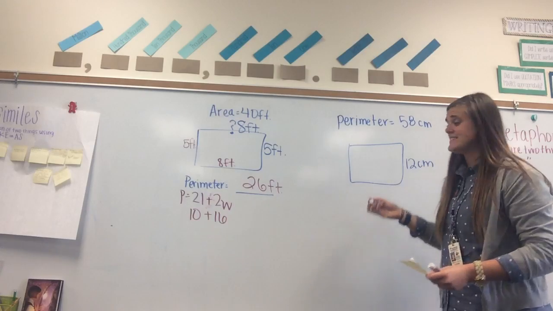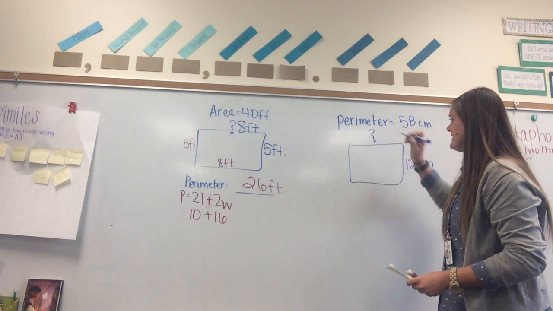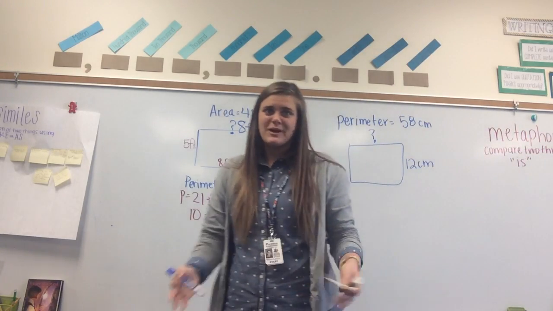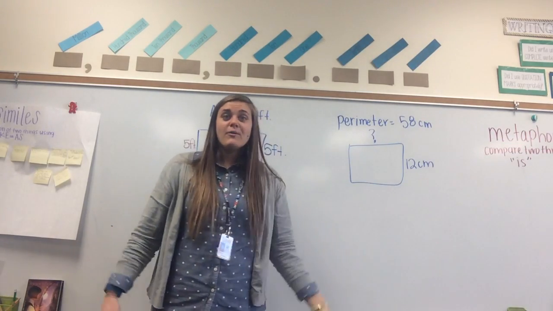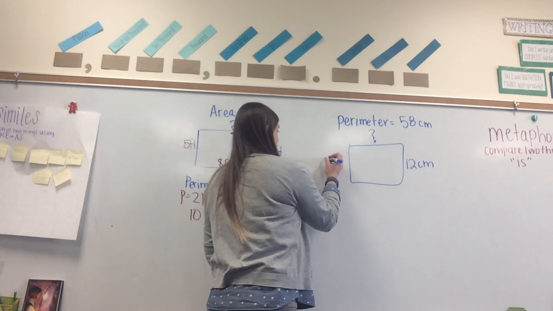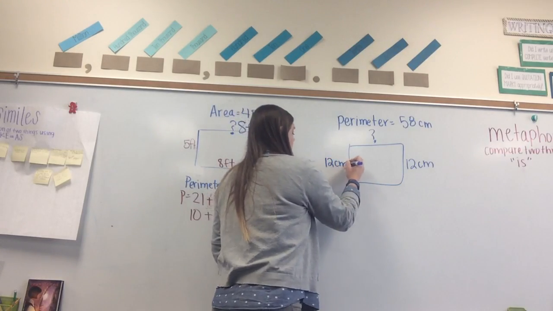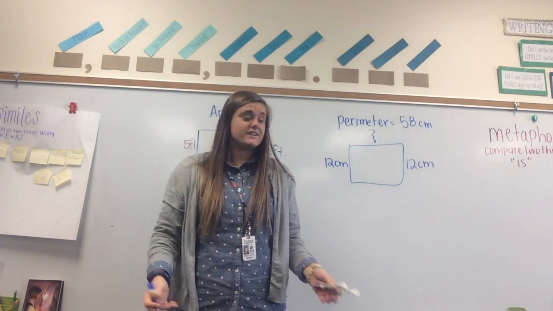We had a really hard time figuring out this missing side, which is fine because we're going to practice it again tomorrow in class. So if this side is 12, we also know that this side is 12. And that's just our knowledge of figures.